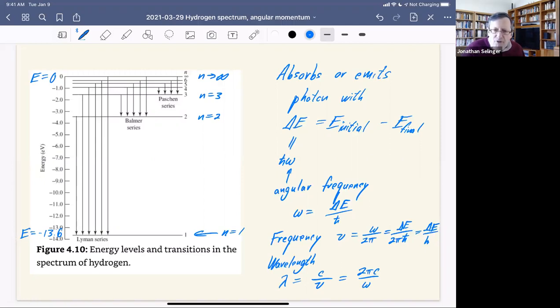So this is what people see in experiments, right? And if you plug in the numbers, you can see that these changes from something to n equals 1 are big changes. So they correspond to high energy photons, high frequency, low wavelength photons.